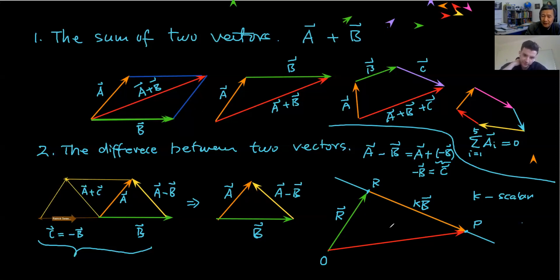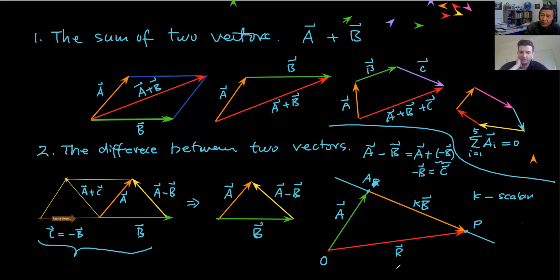This point is A. I will call this R because R is used to describe the position. And A plus KB equals R.